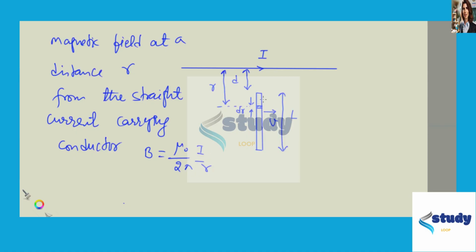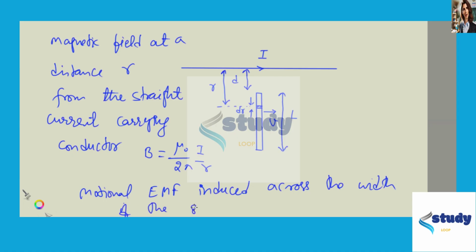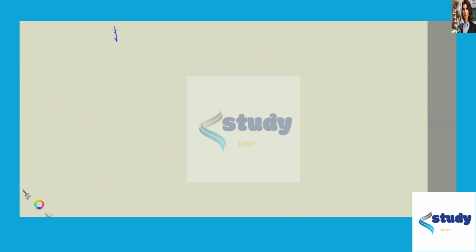So within this magnetic field, when this small segment having the width dr moves towards right with the velocity v, then motional EMF induced across the width of the small element will be given by, let it be dE, the motional EMF, and that is given as B into v into dr, width of that small element.